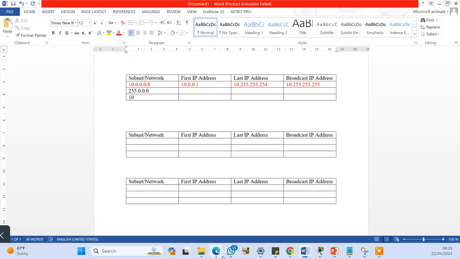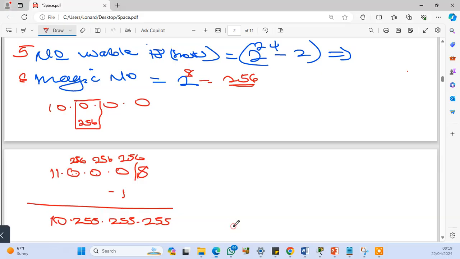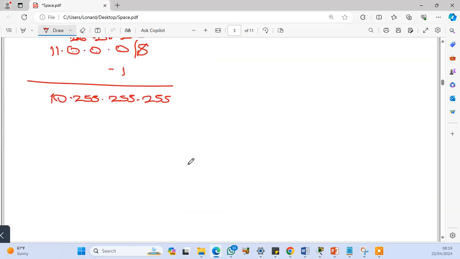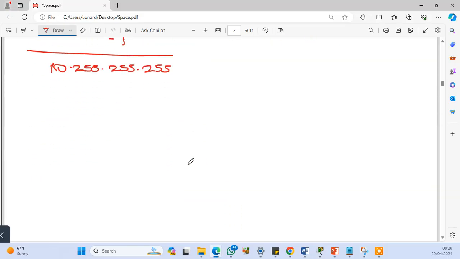Then in the same example here, now we have 10.0. Actually, this time, the next one, I will not use this exactly. So this time we have 11.0.0.0/8.